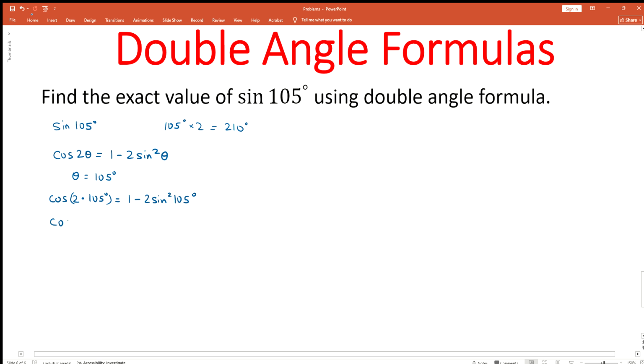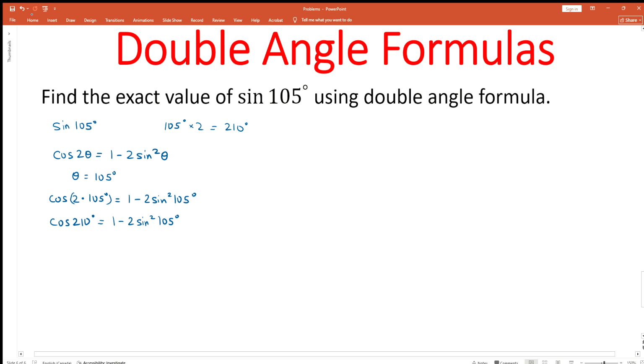So we get cos 210 degrees equals 1 minus 2 sine squared 105 degrees. We can find the value of cos 210 degrees from the unit circle or by doing the quadrant analysis using the CAST rule or the ASTC rule.